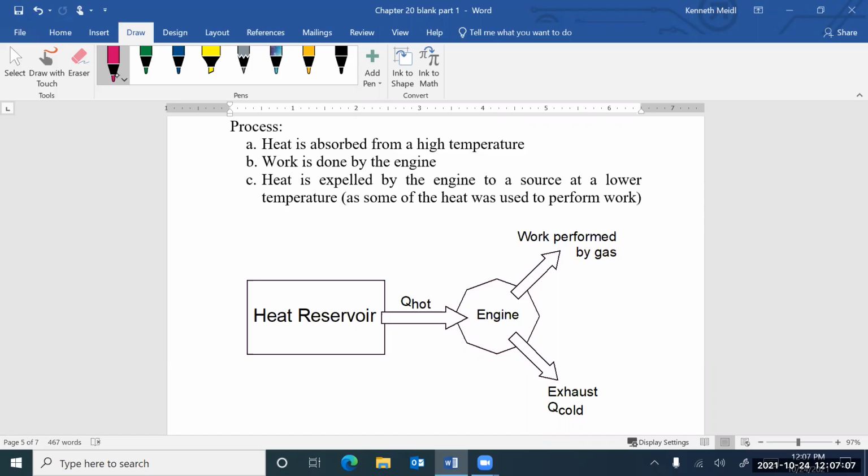Put some high temperature in, get some work out, but there is still something left over, right? So really you're paying attention to three things. How much energy did you put in? How much work is done by the gas? And what's left over? Those are the three ingredients that are going to be pretty important here.